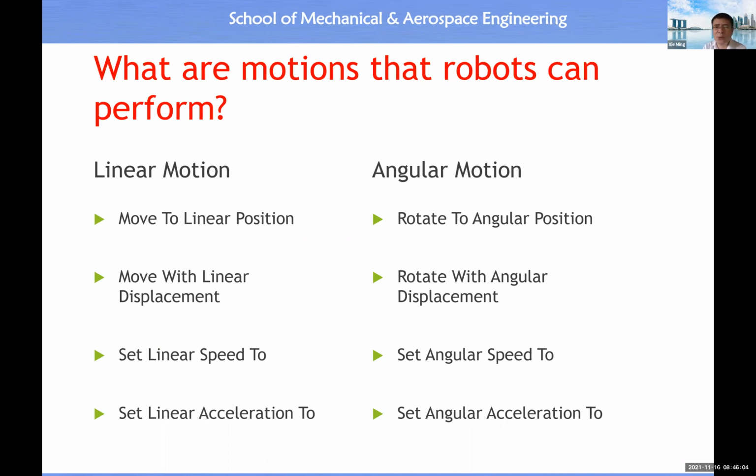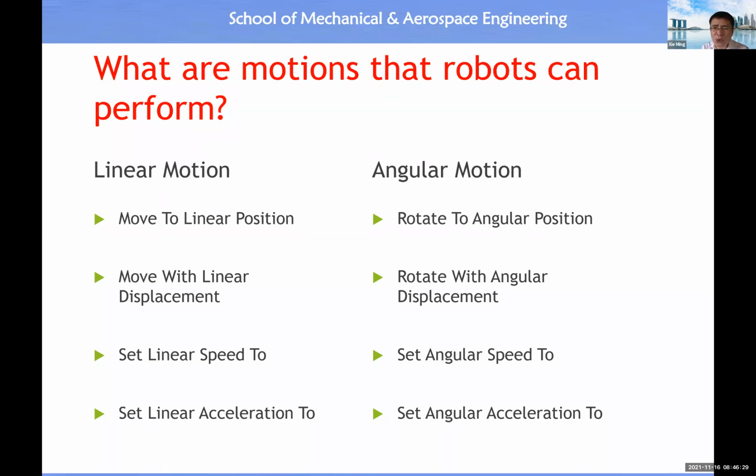One is linear motion, and the second one is angular motion, okay? For linear motion, for example, we may have descriptions such as move to linear position, move with a linear displacement, set linear speed to a specific value or to an upper limit, or set the linear acceleration to an upper limit, etc.